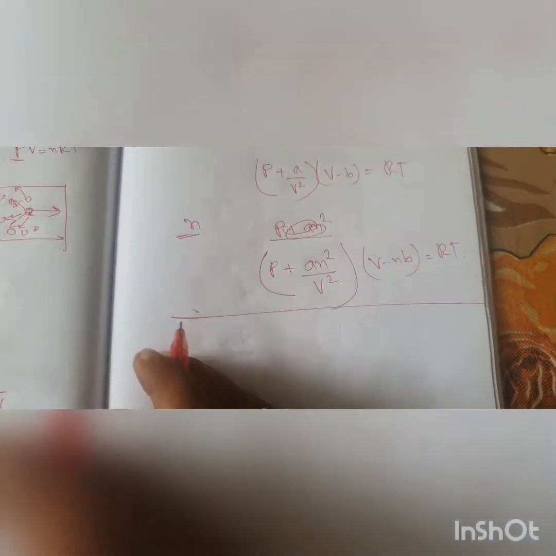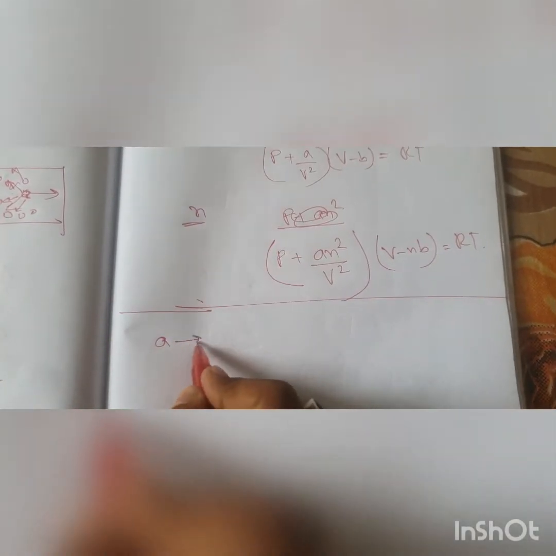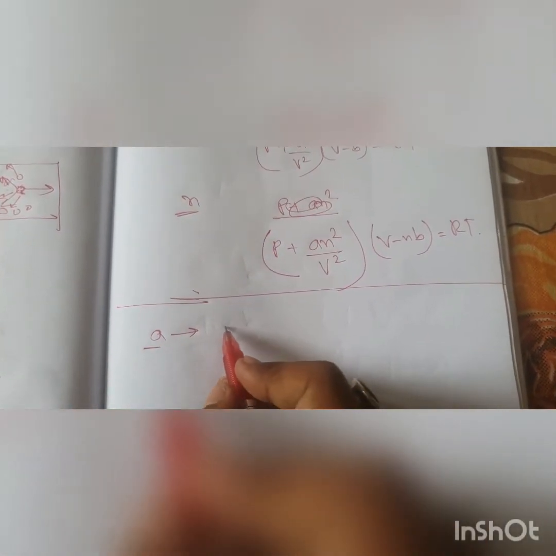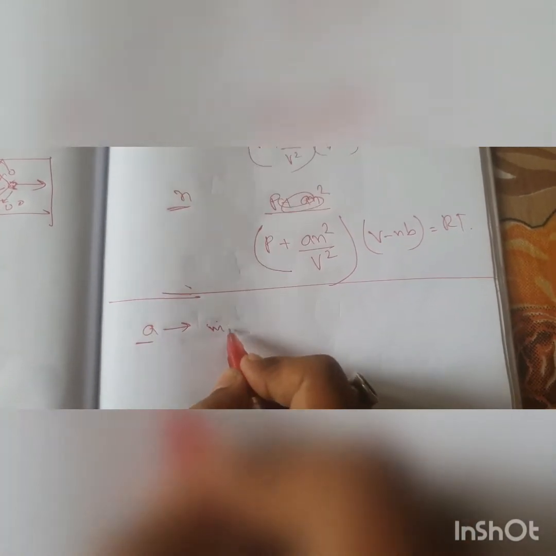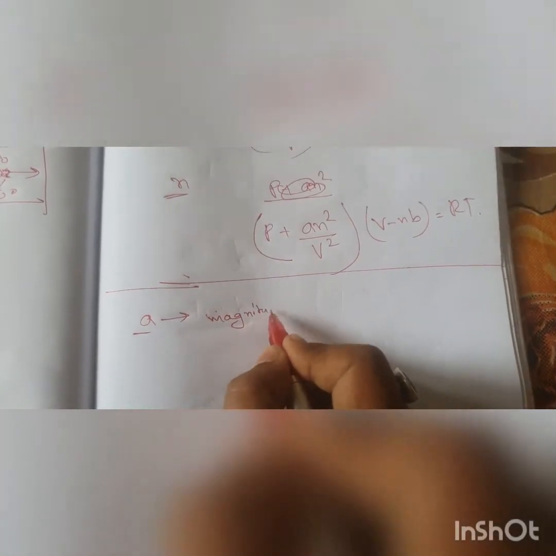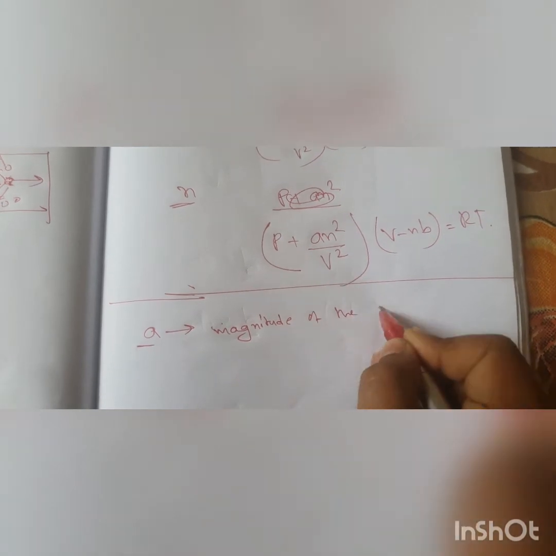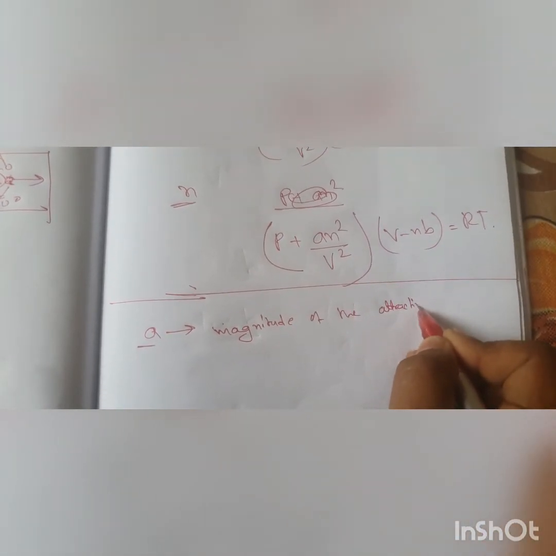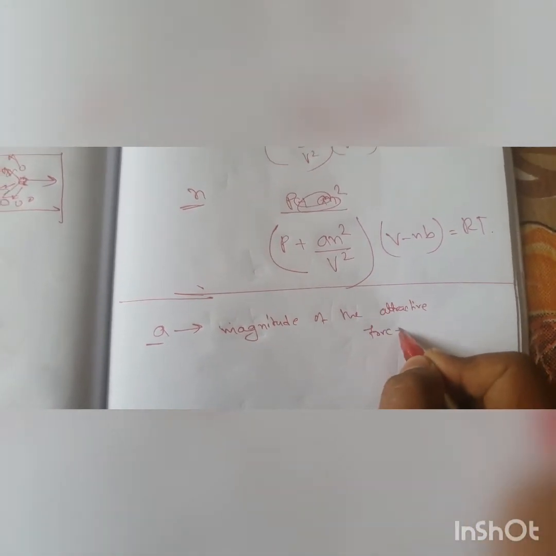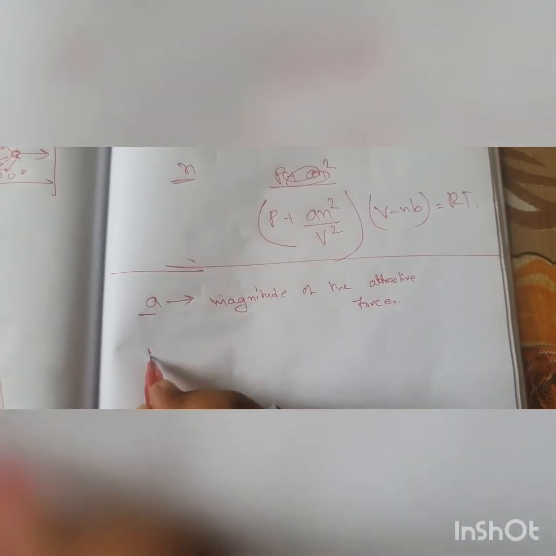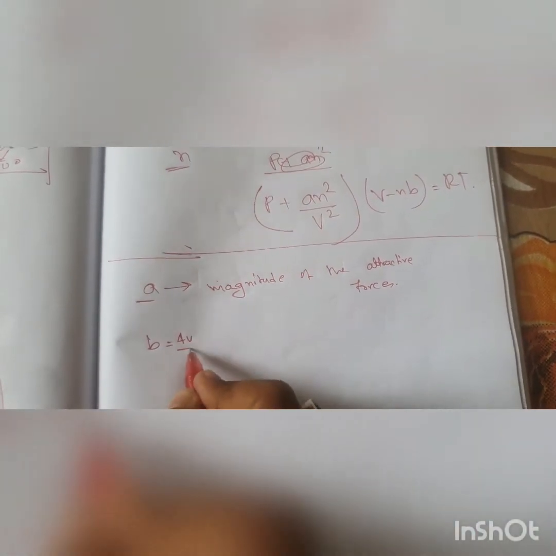Now let us understand a. a is the magnitude of the attractive forces, like I said. And b, what is b? b is proportional to 4V.